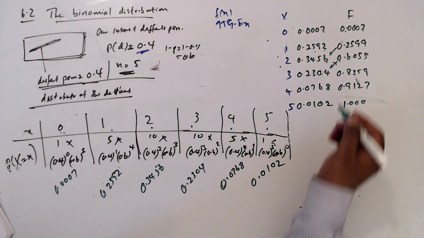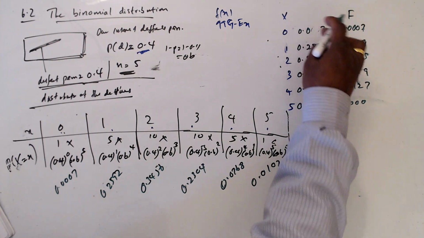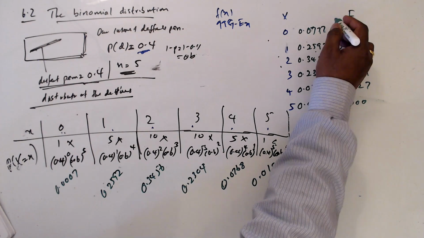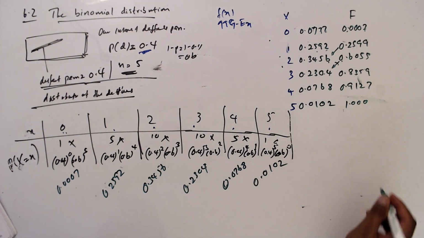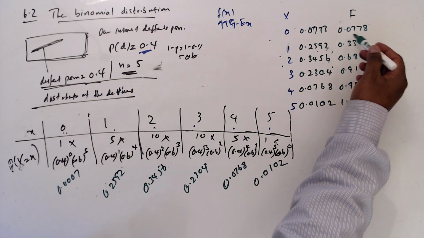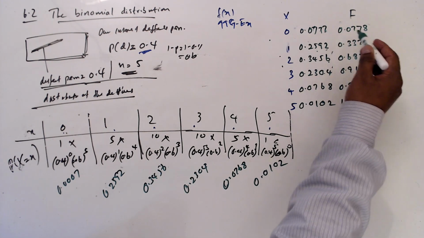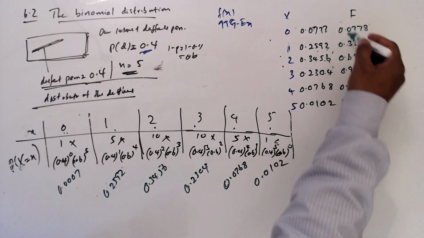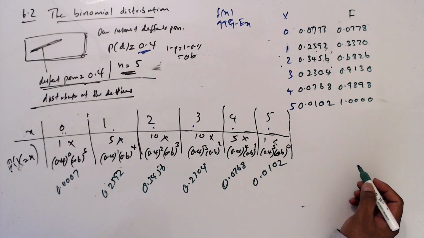I think I made a mistake here, so I had to recalculate everything. I wrote the numbers again and added this one plus this one plus this one. Likewise, this is the cumulative probability.